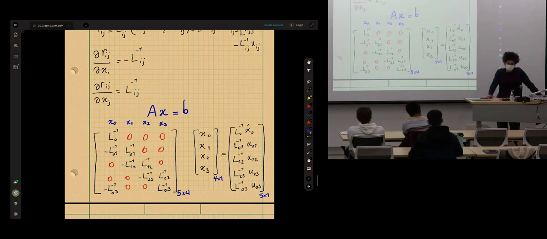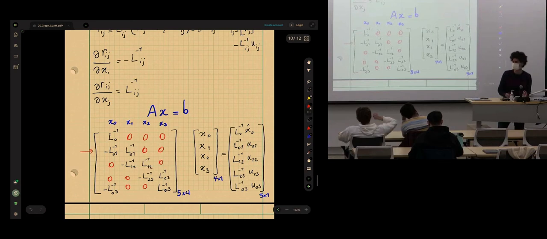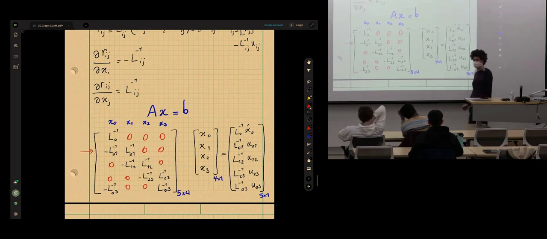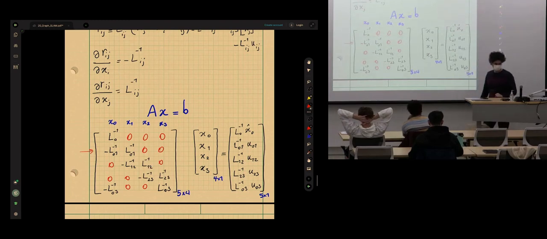x1 is not connected to x2 and x3 in the second row. In the second row, for example, this is one of the factors. So factors are rows. These are observations. Variables are columns. This is a Jacobian. In the second row, that's one of the factors that we see.